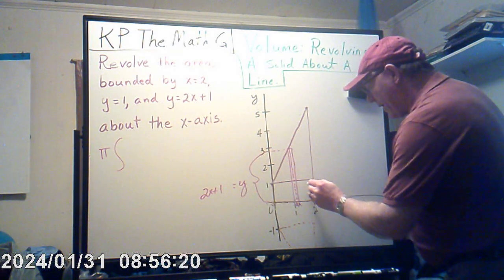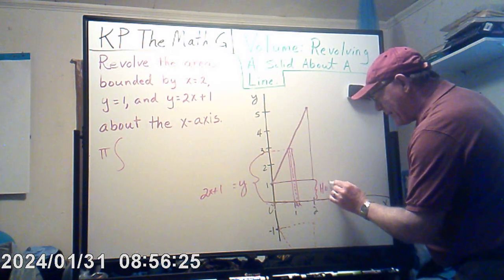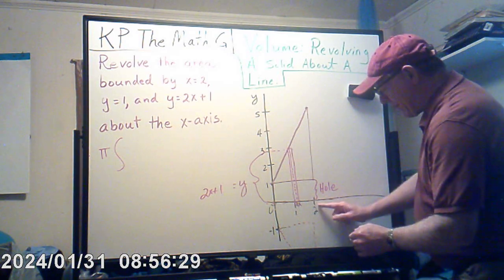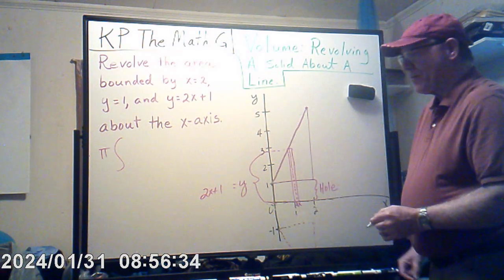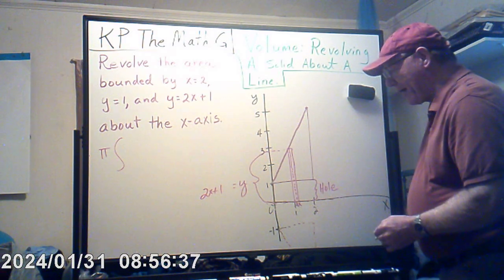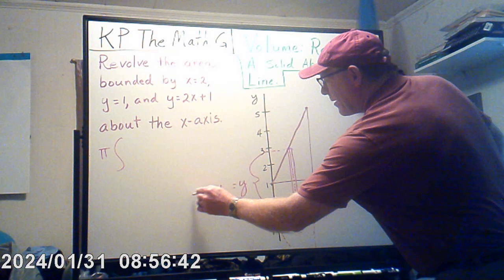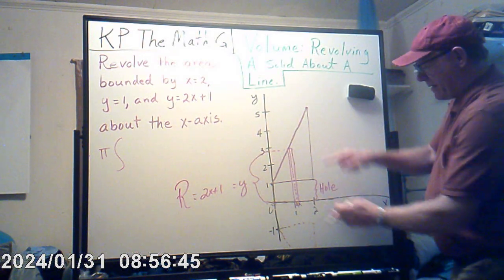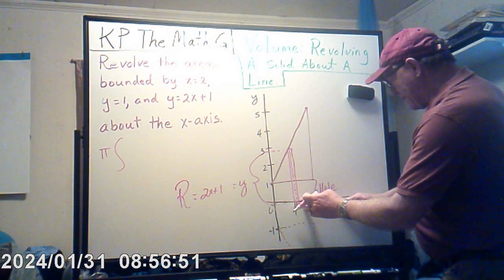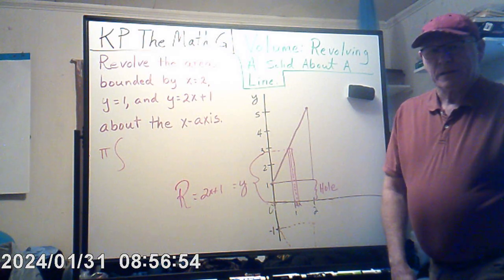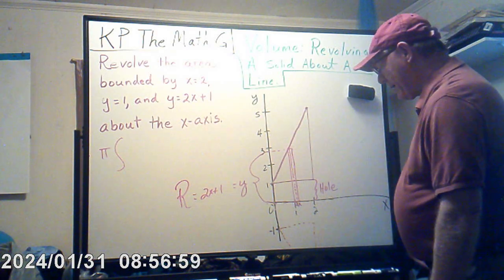Now, here's our hole right here. This is a radius. It's going to form a diameter, but we go by the radius. How high up is that radius? By the way, this is actually big R, our big radius. The height here, start from the x-axis and go all the way up, that is y.